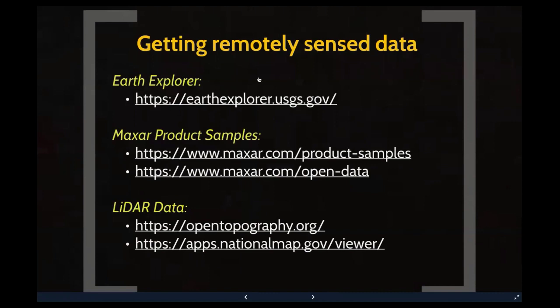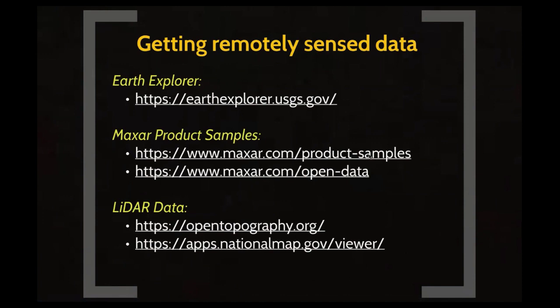And finally, just a couple of links to get folks started. Earth Explorer is where we can get Landsat, Sentinel-2, and the global coverage data from NASA and NOAA, the different public sources. If you're interested in high spatial resolution data, that would be Maxar.